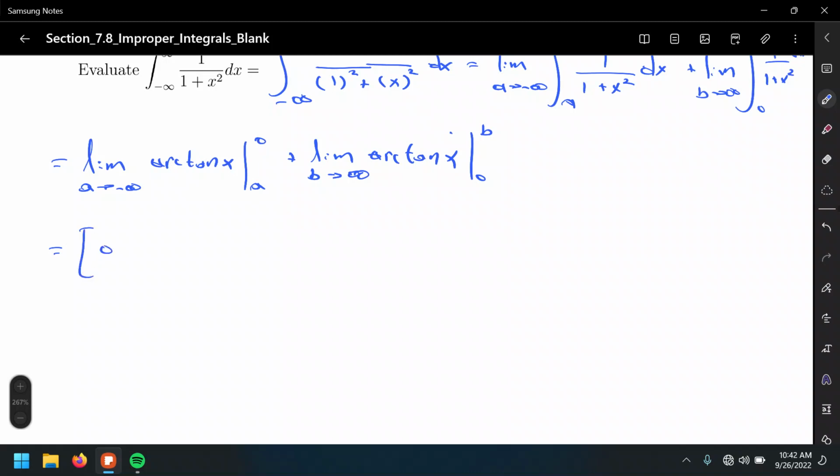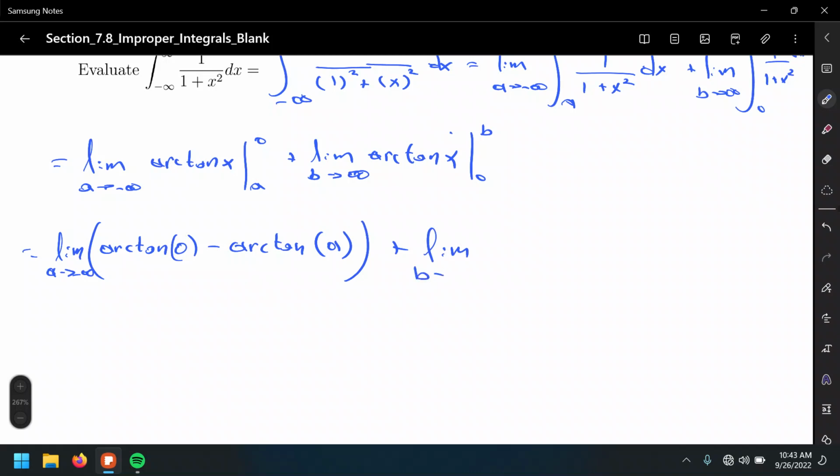So that's going to be arctan of 0 minus arctan of a as a approaches negative infinity, that's the first limit, plus the second limit, but this time b approaching positive infinity, and that's arctan of b minus arctan of 0.